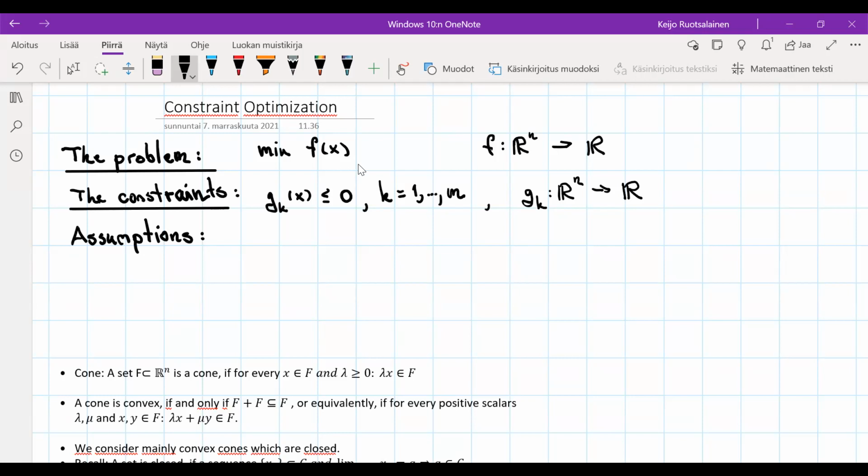But the main assumption is we assume that these functions are differentiable, at least.